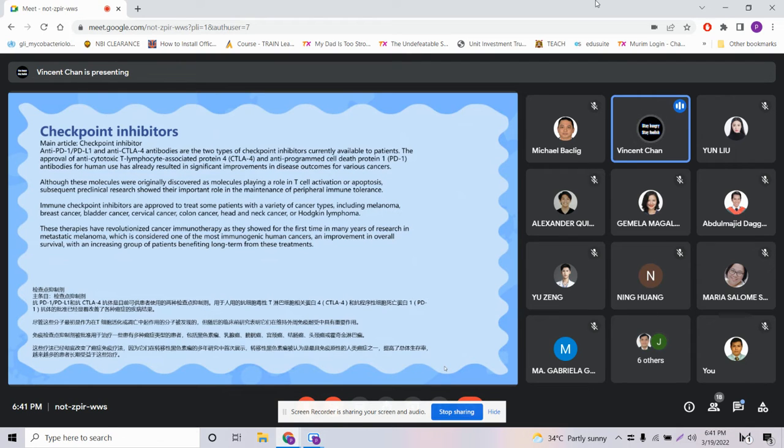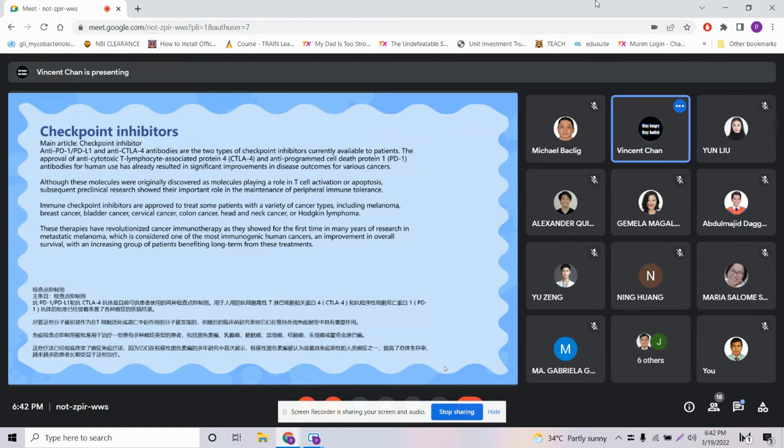Although these molecules were originally discovered as molecules playing a role in T-cell activation or apoptosis, subsequent preclinical research showed their important role in the maintenance of peripheral immune tolerance.